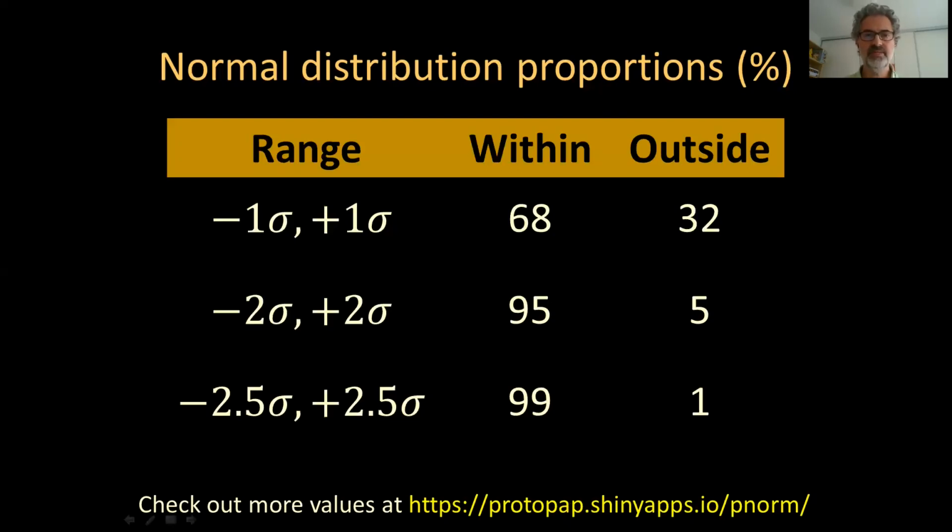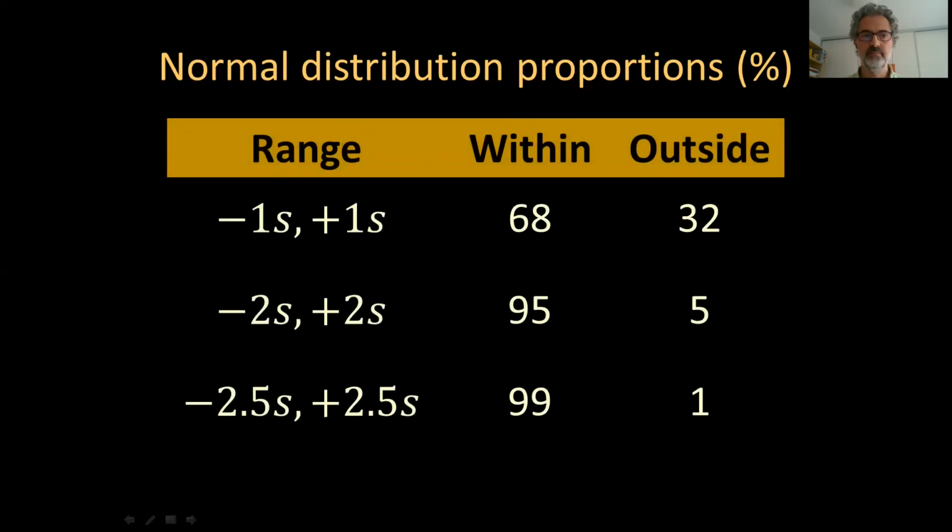And when it comes to a sample, instead of having the whole population, well, we just change the symbol and we can still reason in the same way. So if you're talking about a sample of data that you have collected, and this sample is normally distributed, then 68% of your measurements can be expected to be within 1 sample standard deviation.